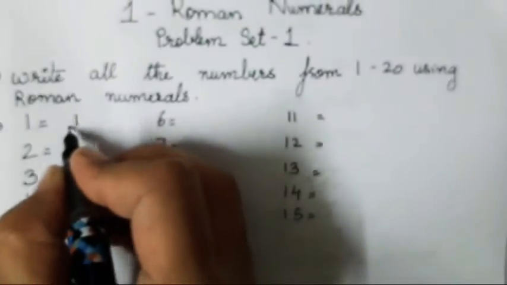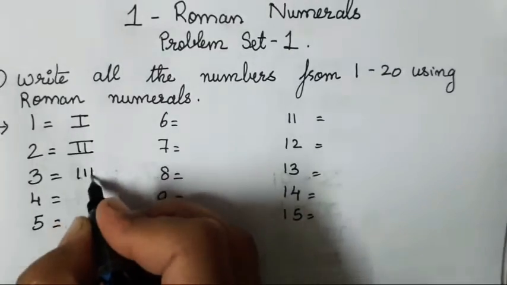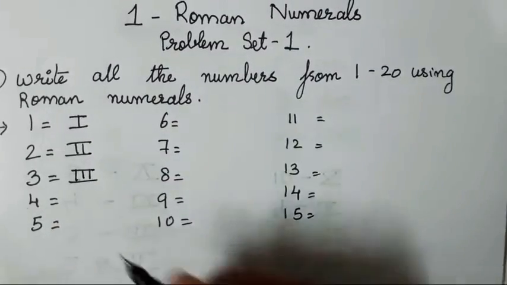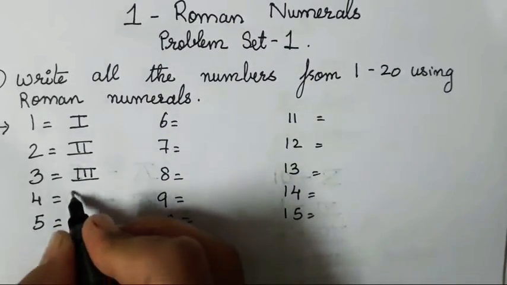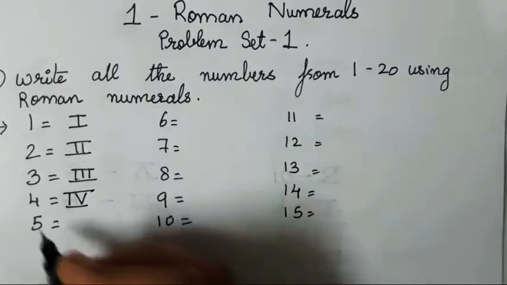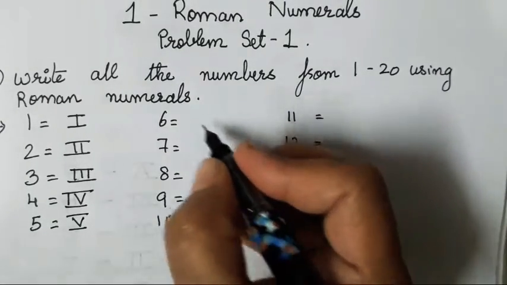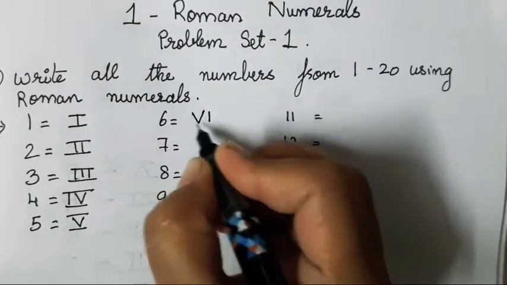1 is denoted by I, 2 with double I, 3 with triple I. 4 means to the left hand side I and then V. 5 means V. 6 means V and I to the right hand side.